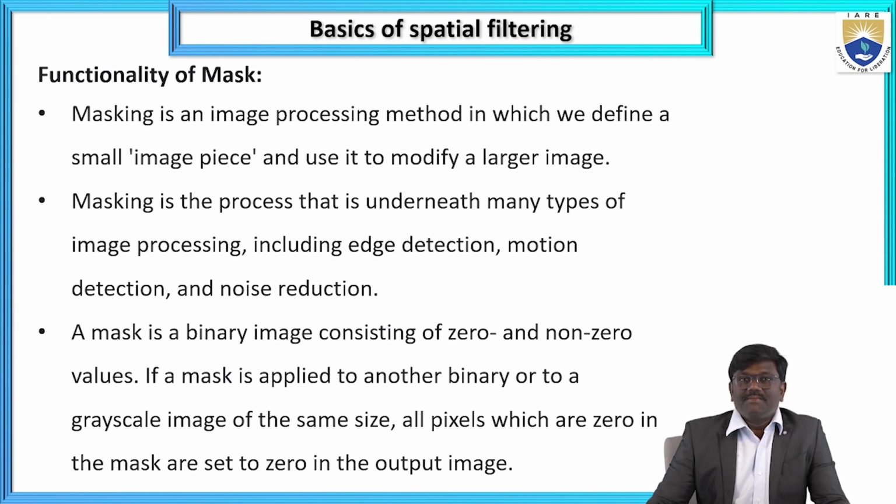A mask is a binary image consisting of 0 and non-zero values. If a mask is applied to another binary or grayscale image of the same size, all pixels which are 0 in the mask are set to 0 in the output image.